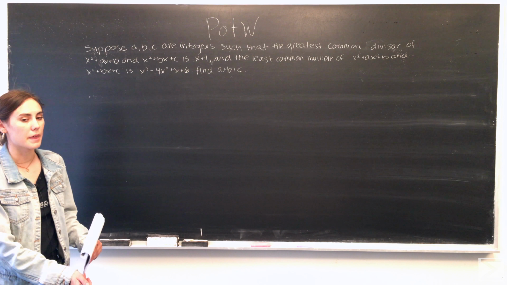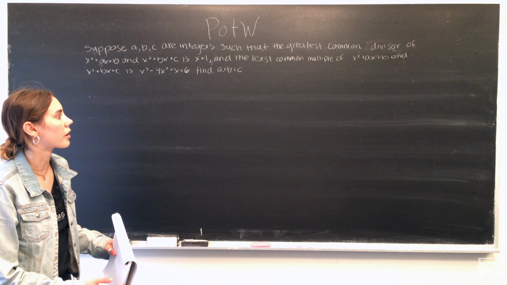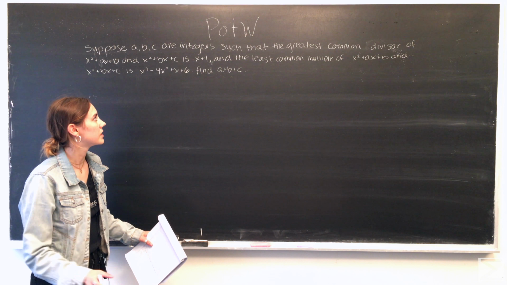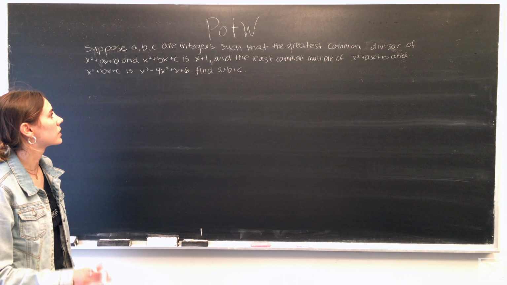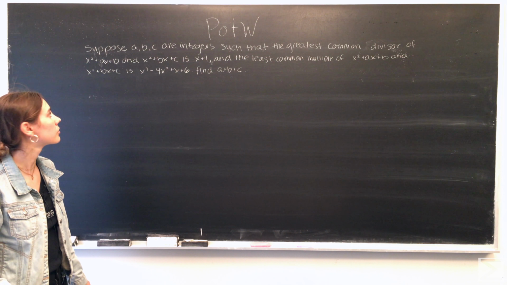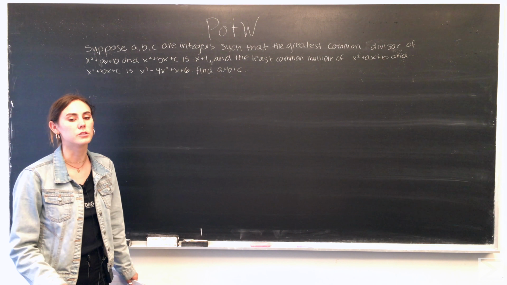So then the problem asks you to find a plus b plus c, so we're going to be looking for what those variables are equal to. To begin, since we know that x plus 1 is the greatest common divisor of both of the polynomials, what we can do is factor them since they're both polynomials of degree 2.